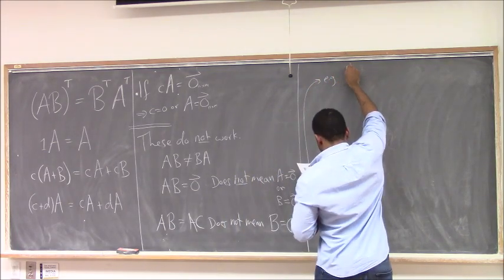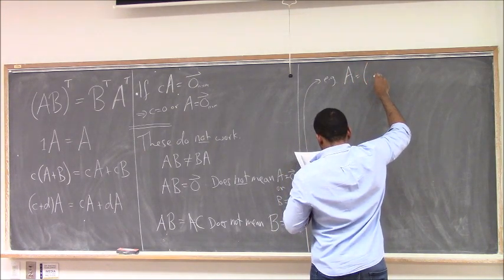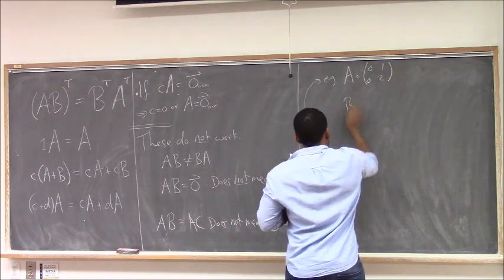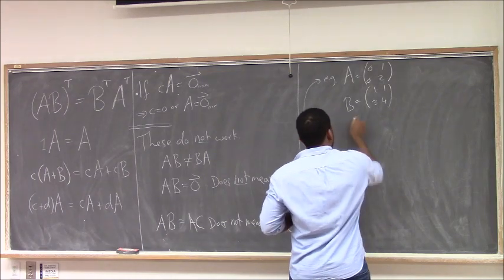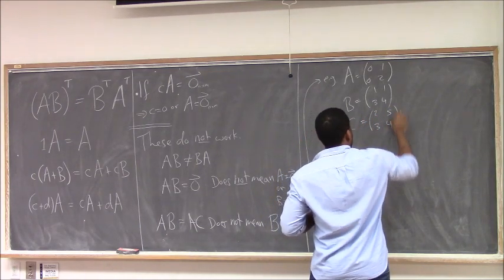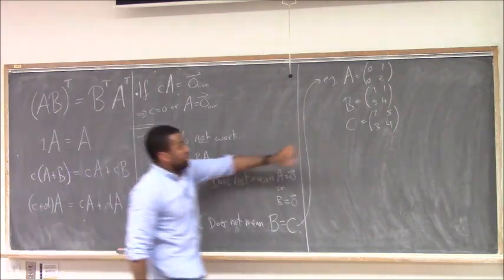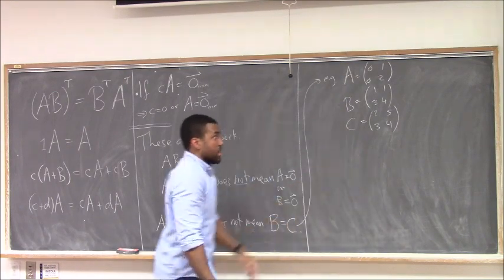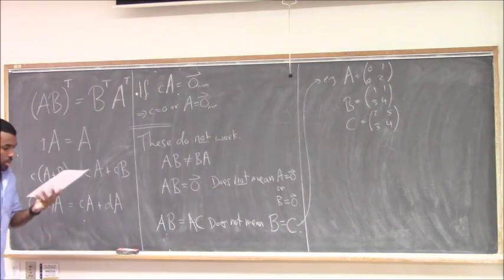For example, I can give you some here, which you can check for yourself. If I set A to be 0, 1, 0, 2, B to be 1, 1, 3, 4, and C to be 2, 5, 3, 4, then if I take A times B and A times C, they'll give you the same answer, but clearly B and C are not the same.